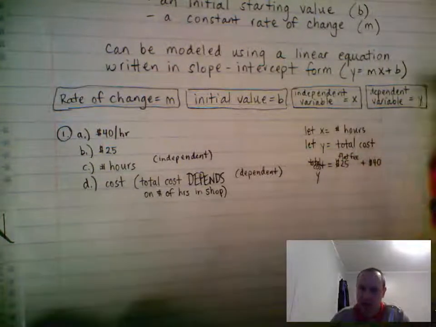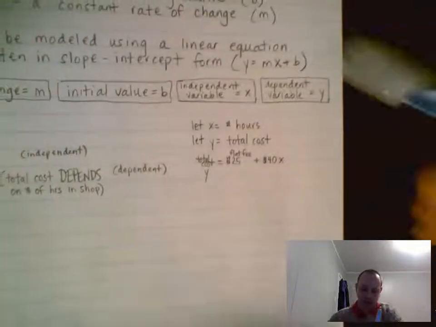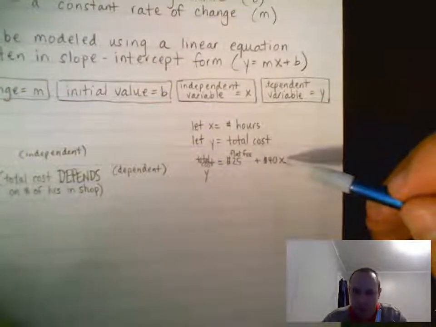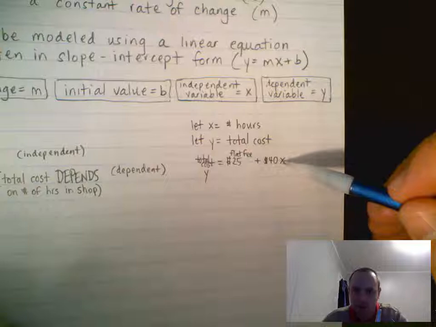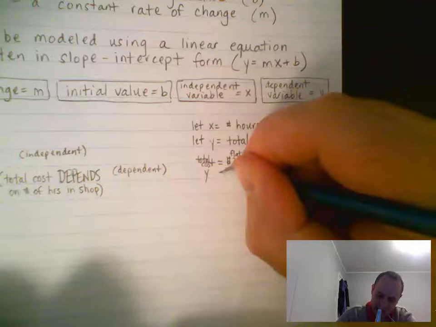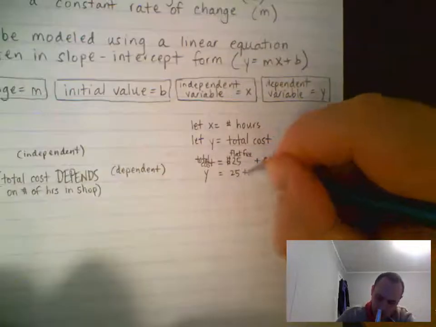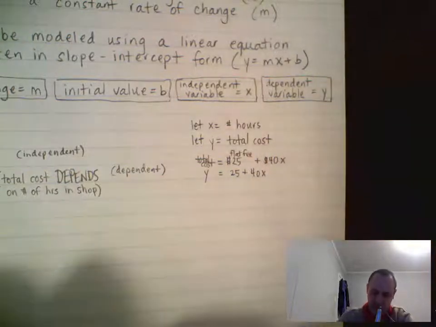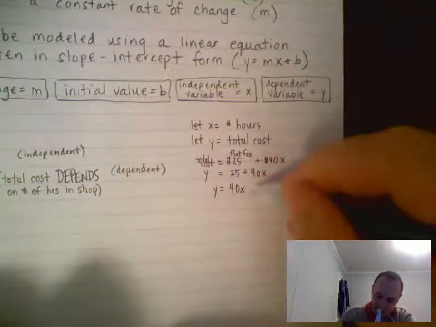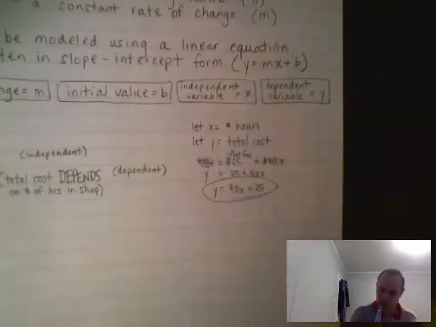So if the hours is x, let's make it 40x, because if they worked on your computer for 1 hour, it'd be 1 times 40. But if they worked on your computer for 5 hours, then it'd be 5 times 40. So your equation is going to be y equals 25 plus 40x. Okay, and a better way to write that would be y equals 40x plus 25. And that's your answer.